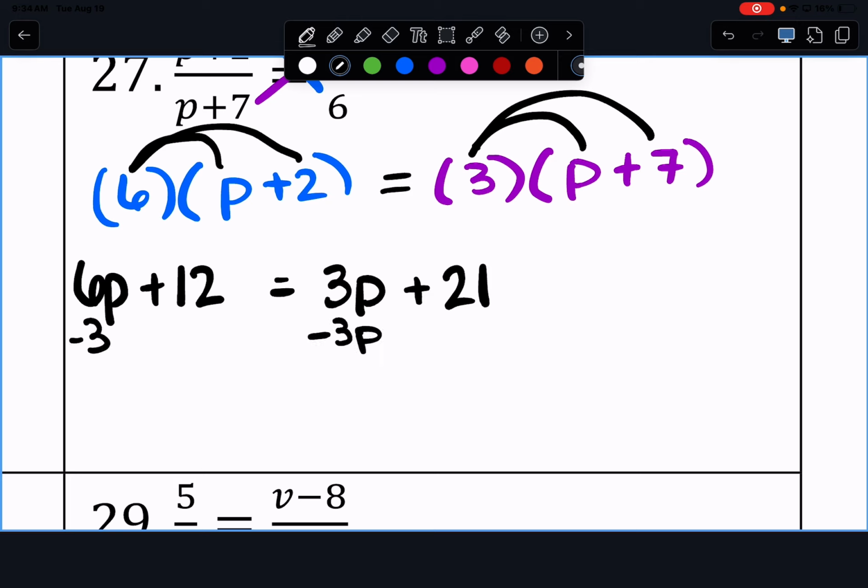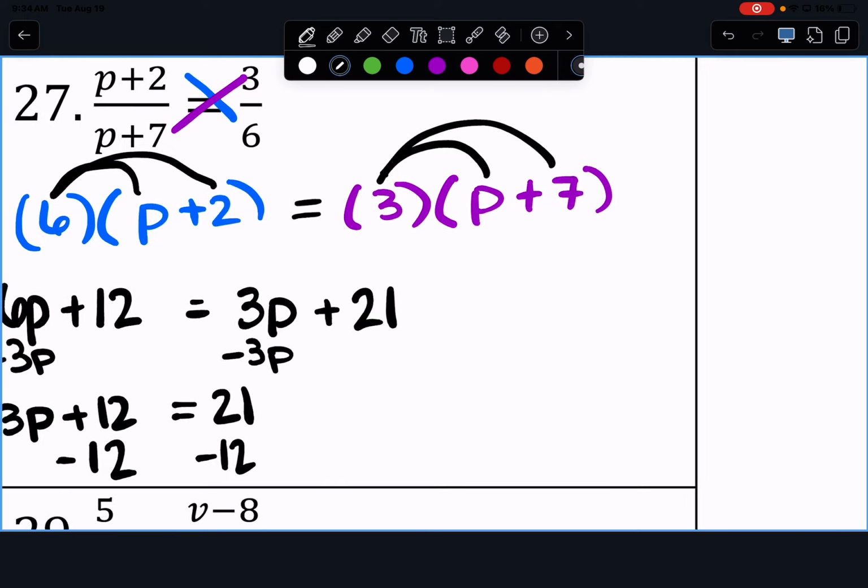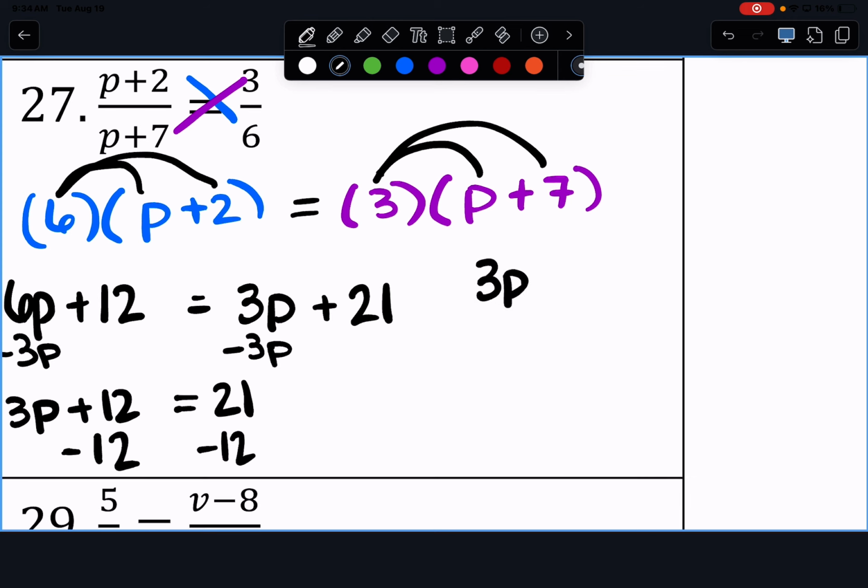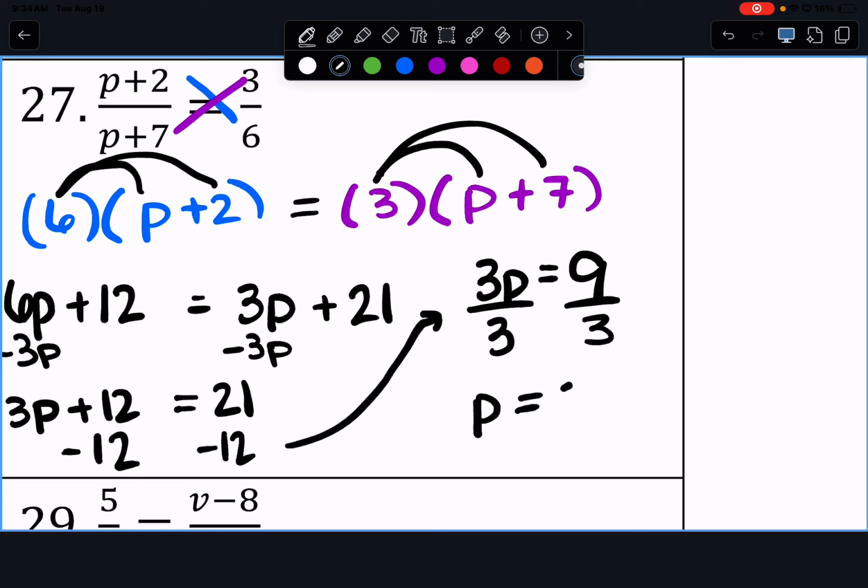We're going to subtract 3p on both sides. We get 3p plus 12 equals 21. Now what? So we get 3p equals 9, then from here, what do I do? Divide by 3. So p equals 3.